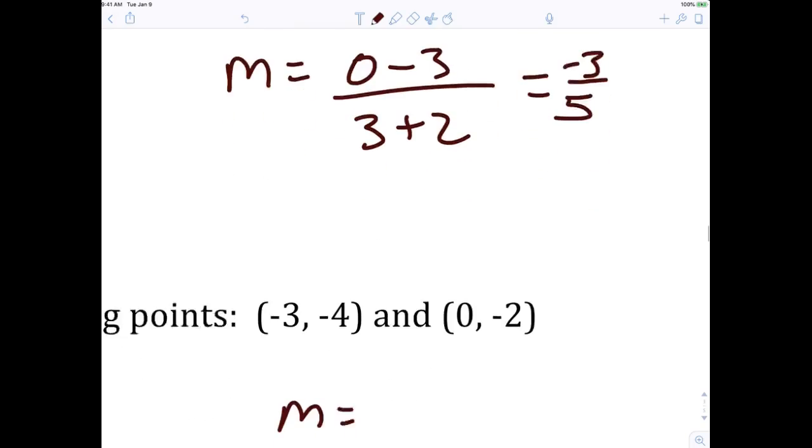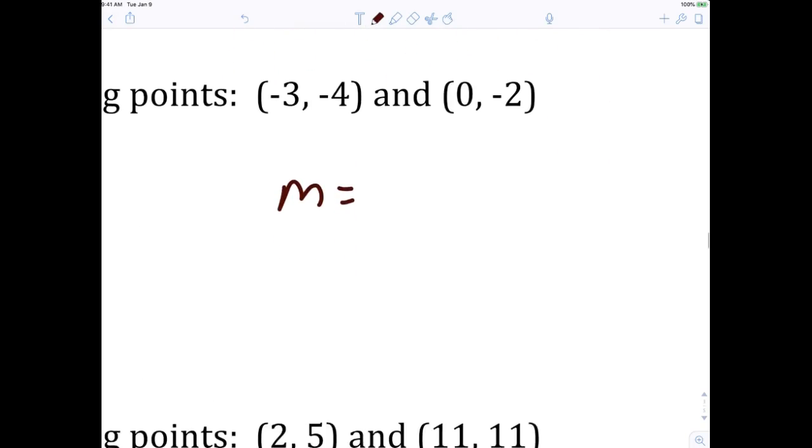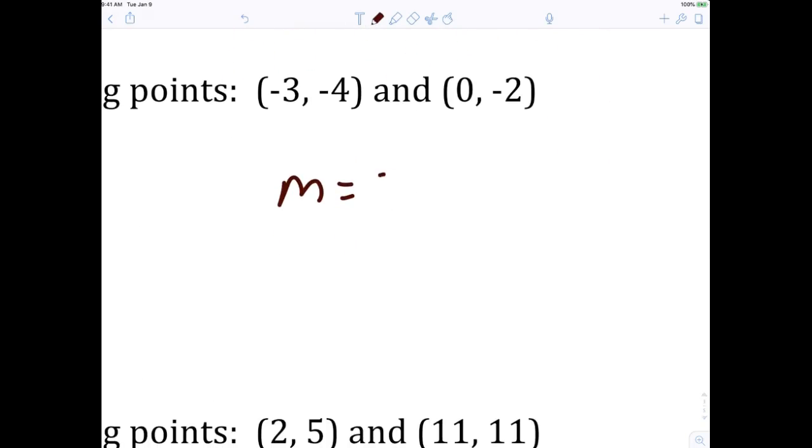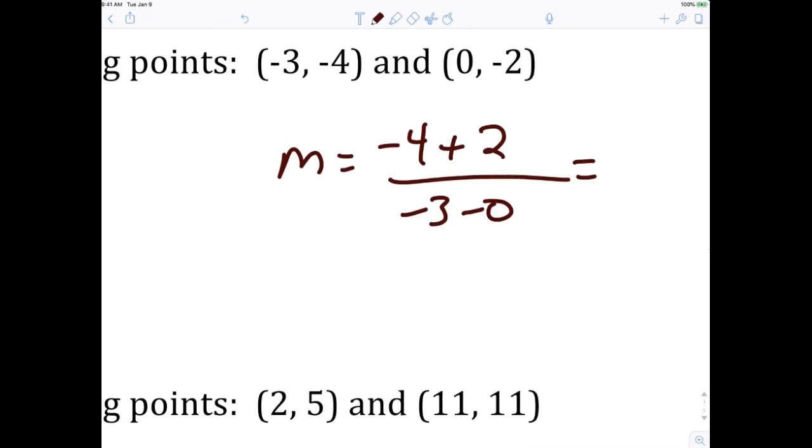All right, Aiden, let's hear you. Negative 4 plus 2, so... And then... Beautiful, beautiful, beautiful.